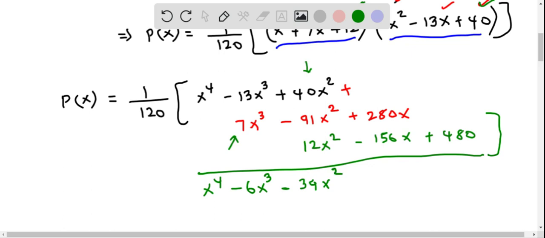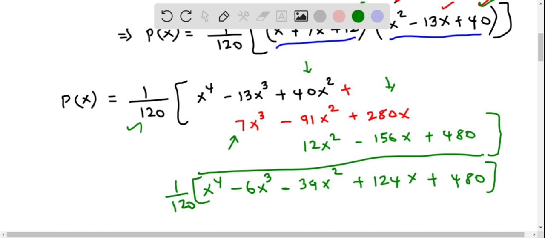Now adding the terms in the x column, 280x minus 156x, we get positive 124x, plus we have 480. Remember that this has to be multiplied with the multiplier 1 by 120, and this is p of x.